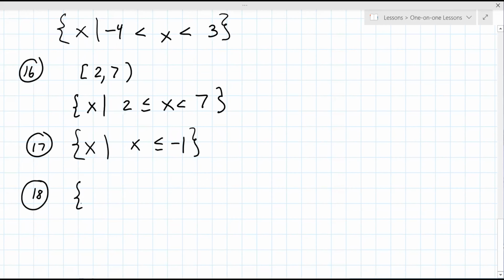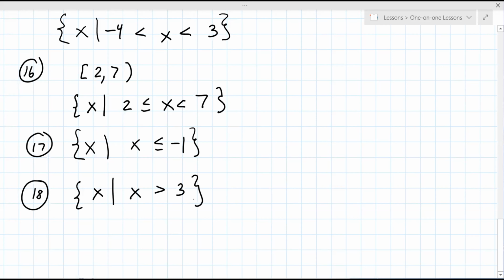All right. I finished number 18. Okay, so this is x such that x is greater than 3. Perfect.